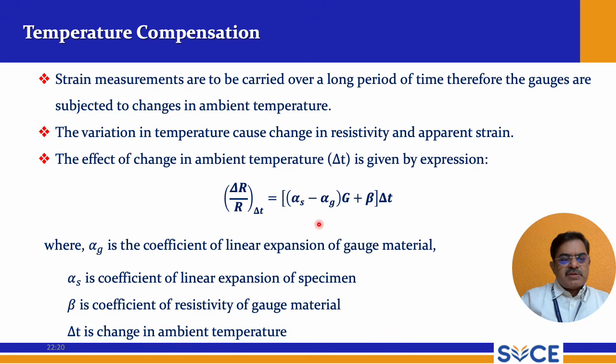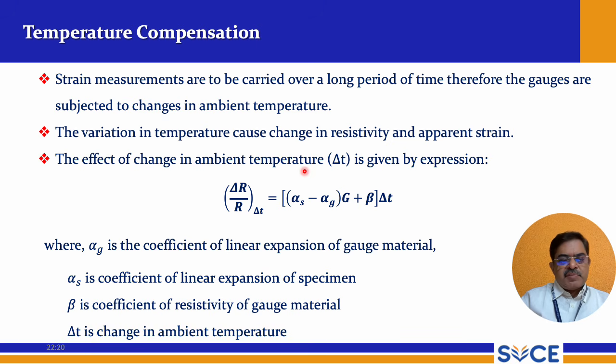The strain measurements are to be carried out over a long period of time. Therefore, gauges are subjected to changes in ambient temperature. So ambient temperature definitely acts on the strain gauge material. The variation in temperature causes a change in resistivity, and ultimately the apparent strain also changes.